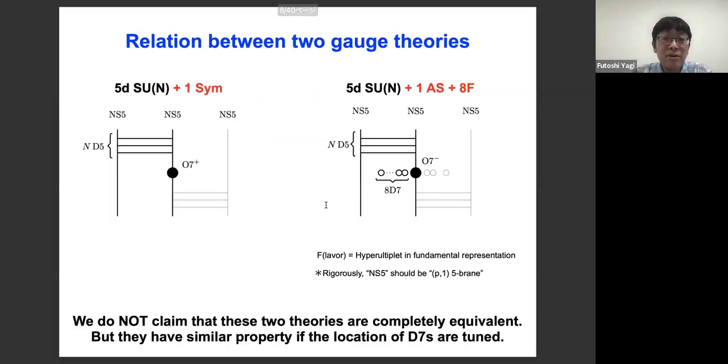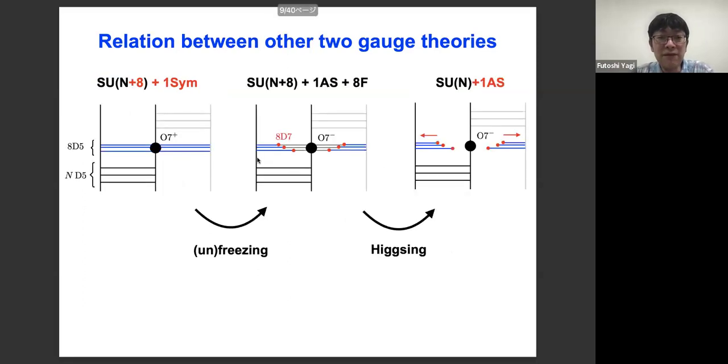So, another related but different relation as a consequence of this freezing: let's start with SU(N+1) symmetric. But this time, we tune the location of the color brane, 8 D5, at the position of O7+.